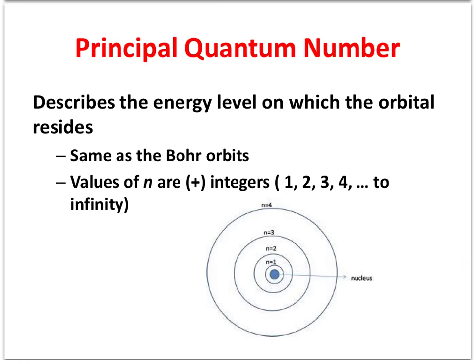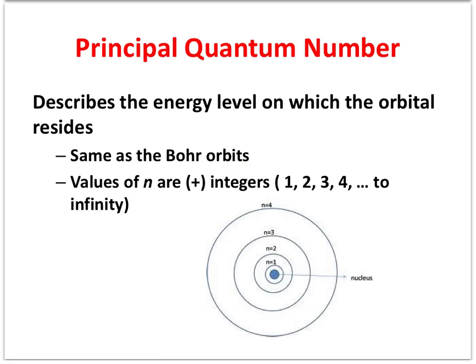The principal quantum number describes the energy level. We've talked about energy levels already, so this is the one we already know, and we have the symbol n for it. It is the same as Bohr orbits. We talked about the Bohr model, where he stated that electrons are found in fixed orbits around the nucleus. We later found out that these are not fixed orbits, but instead regions where we find the electrons.